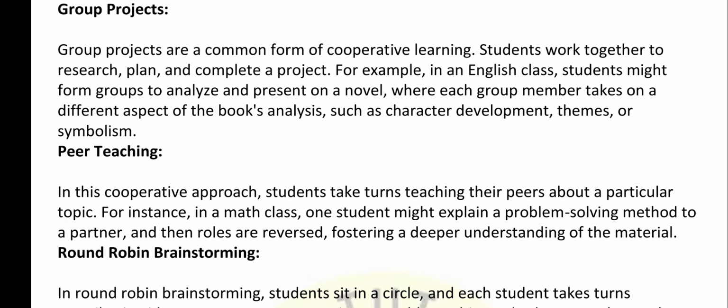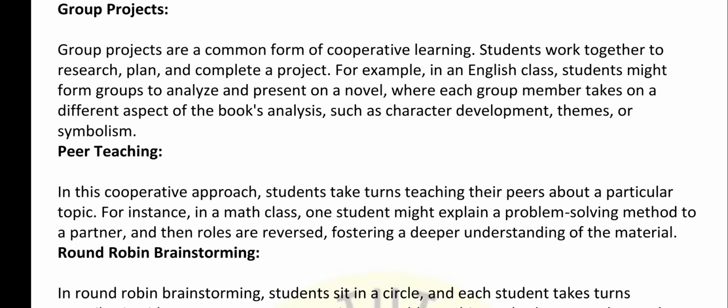Age gap. Now in peer teaching, what happens? Let us see. In this cooperative approach, students take turns teaching their peers about a particular topic. For instance, in math class, one student might explain a problem solving method to a partner, and then roles are reversed, fostering a deeper understanding of the material. Peer teaching means the students are learning from their own friends, or to be more precise, from their own peers, right? Suppose you also see in your class, especially in mathematics class, that some students are expert in that, some are average, some are very poor.